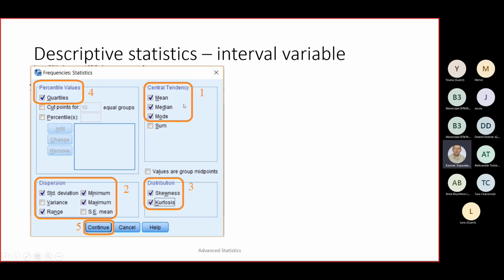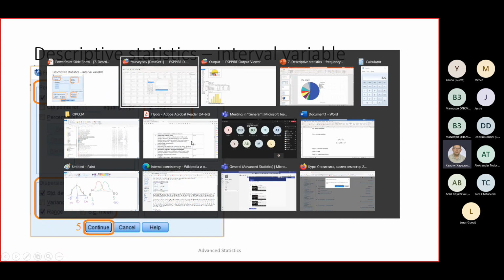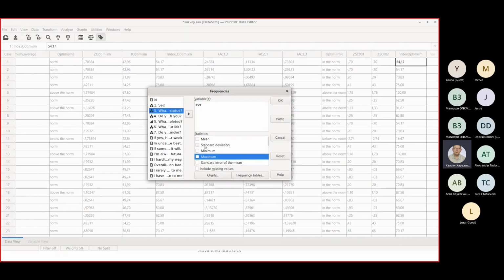And here we have three main measures of central tendency: mean or average mean, but the word average is skipped, median, and mode. So I will choose the same in PSPP. Here we have mean, median, and mode. They are the same, but are in one list, not in different groups.